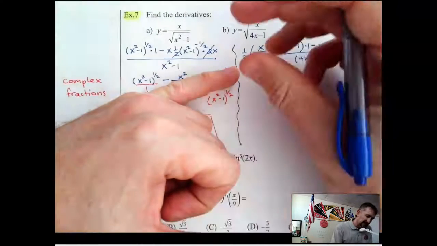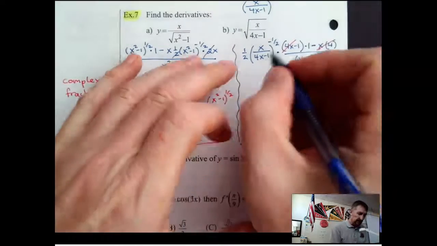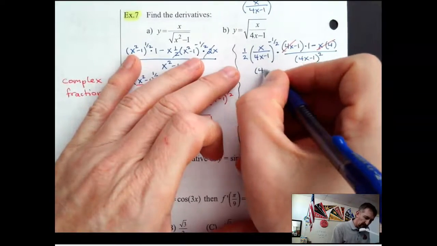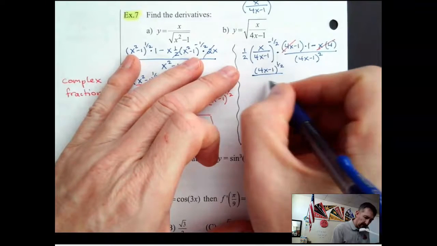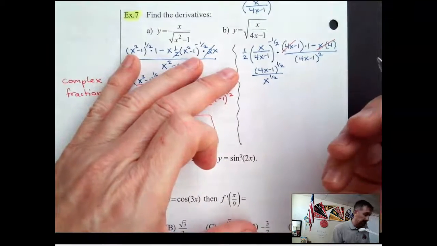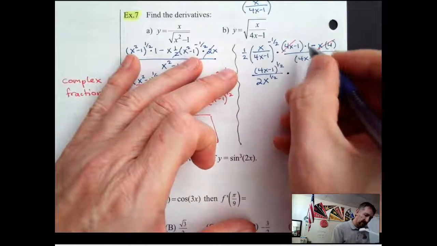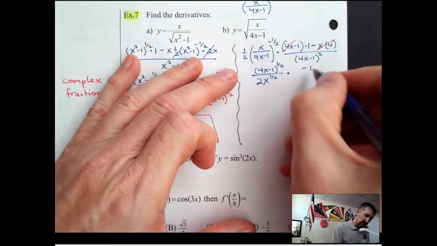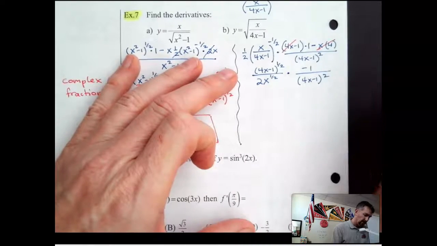A negative exponent, what that does to a fraction is we take the reciprocal of it. So that's going to put a 4x minus 1 to the positive 1/2 in the numerator and an x to the positive 1/2 in the denominator. And then this 2 will come down here also. And then over here we have times negative 1 over 4x minus 1 squared.